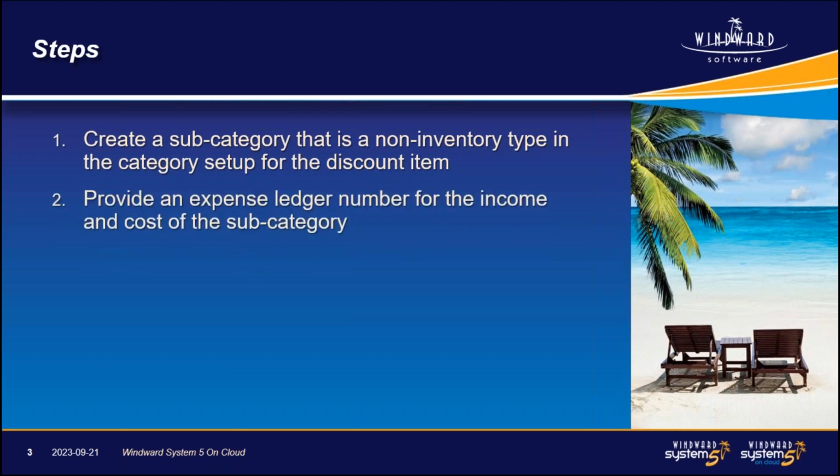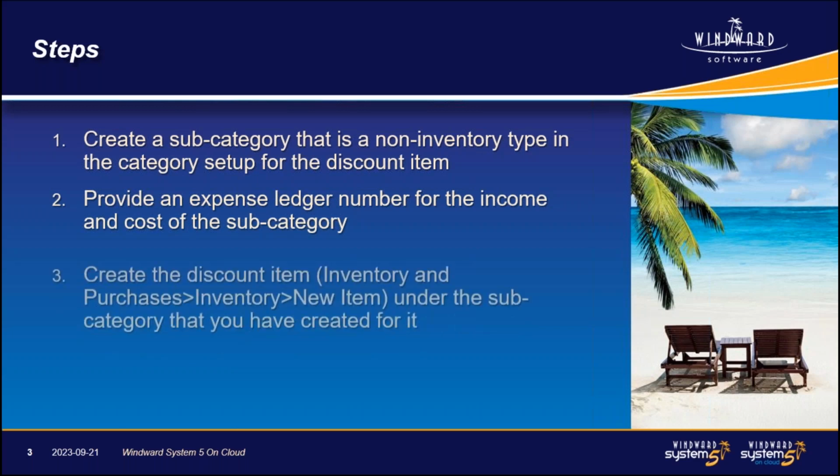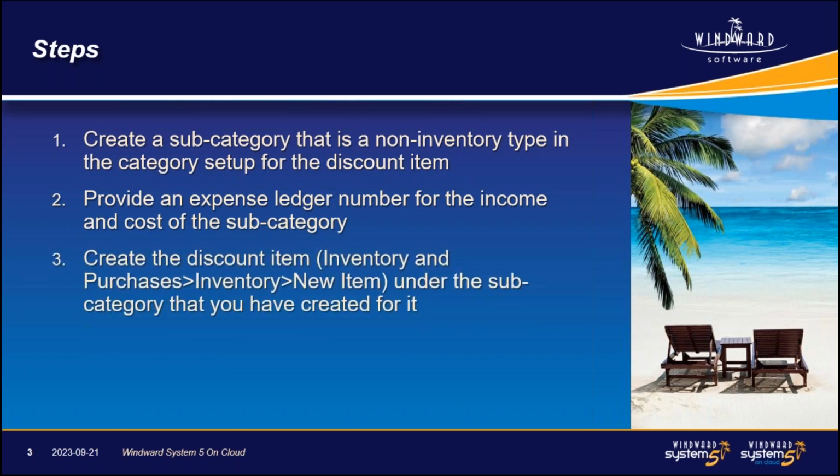And provide an expense ledger number for the income and cost of the subcategory or for that discount item. And then create the discount item under the subcategory that you have created for it. So that is under inventory and purchases, inventory, and then new item.